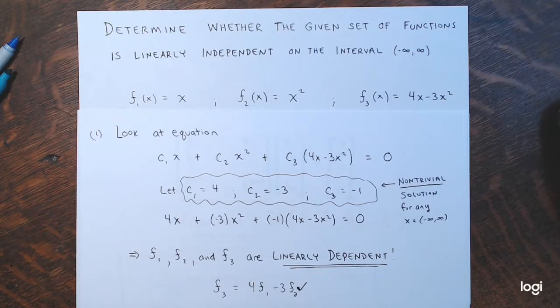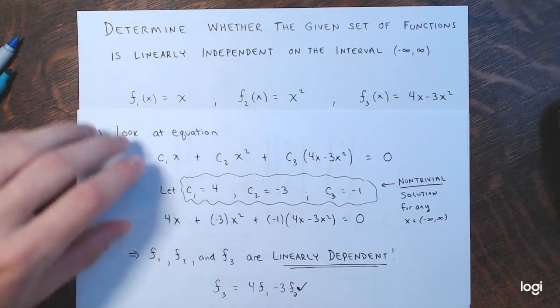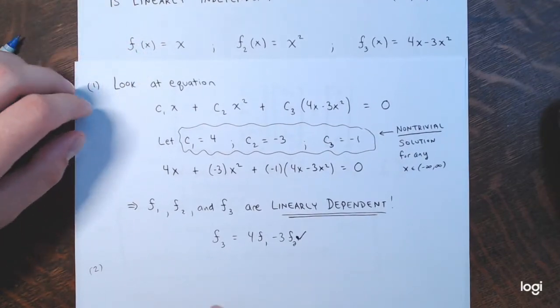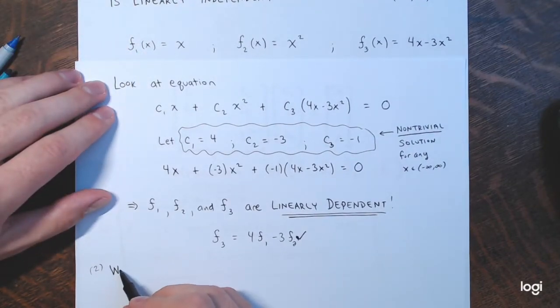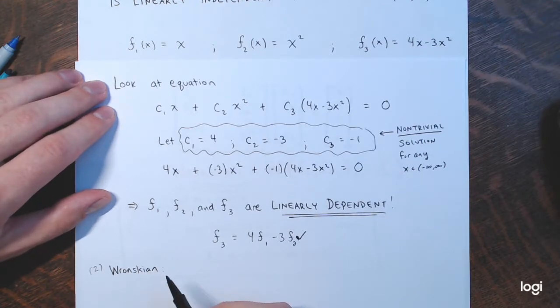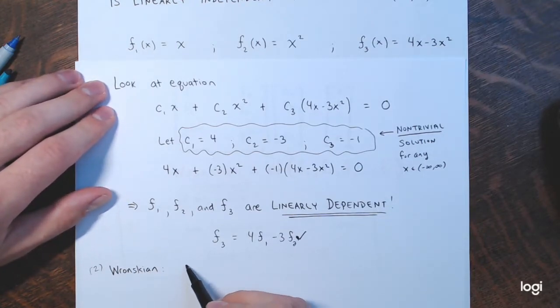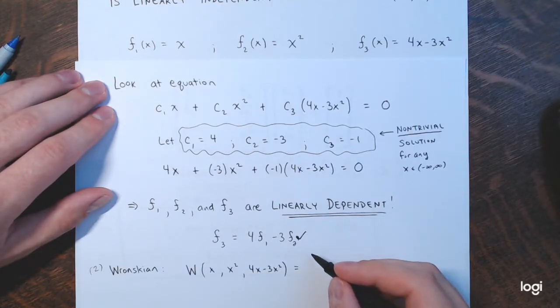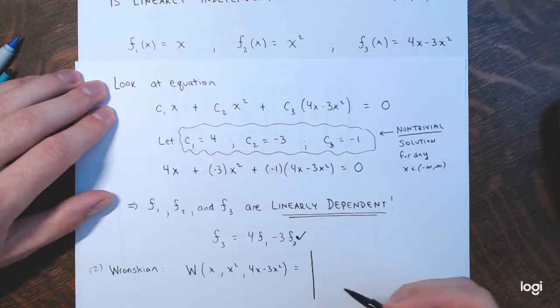Now, the other way you could do this is by looking at the Wronskian of these three functions. So that's W of x, x squared, and 4x minus 3x squared. Remember I said that this is the determinant of the three functions here.